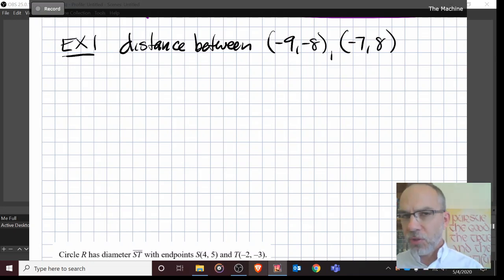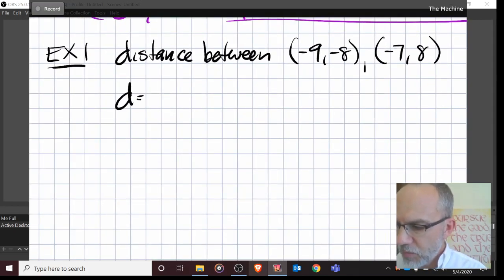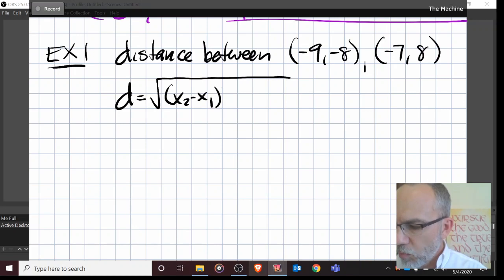First of all, every time I use a formula, I'm going to write it down. So I'm going to say that the distance then is equal to the square root of x2 minus x1 squared plus y2 minus y1 squared. And now I'm going to plug my values in.